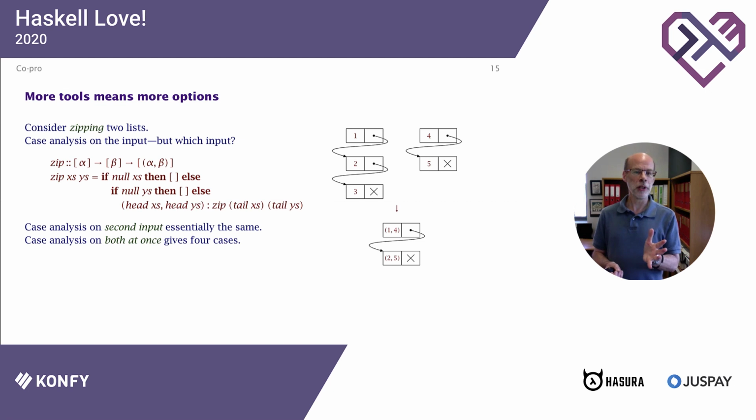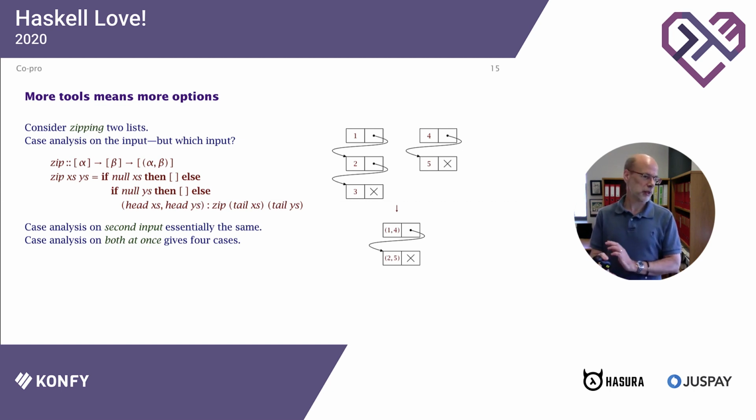When x's is null, then it doesn't matter what y's is, the result is empty because the left-hand list has run out. Otherwise, what list do I produce? Well, now I need to do a case analysis on the right-hand list as well, because if the left-hand list is non-empty, I still might get some results or I might not, depending on whether the right-hand list is empty.